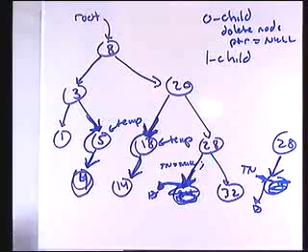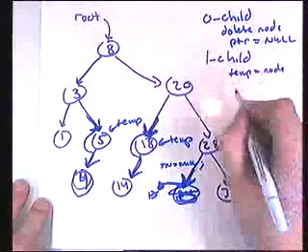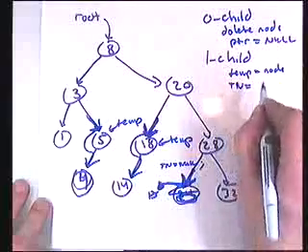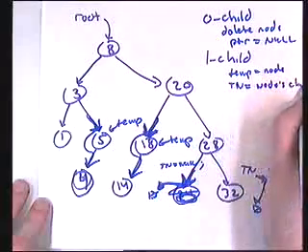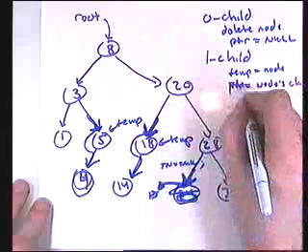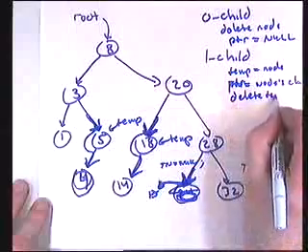So I have to say, temp equals node, and then pointer equals node's child, and then delete temp.